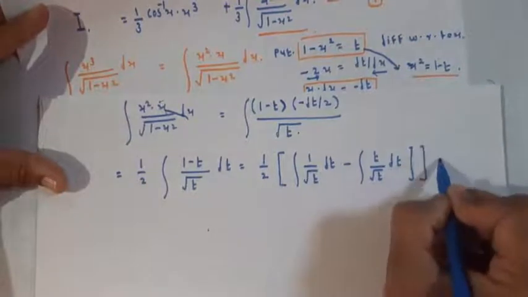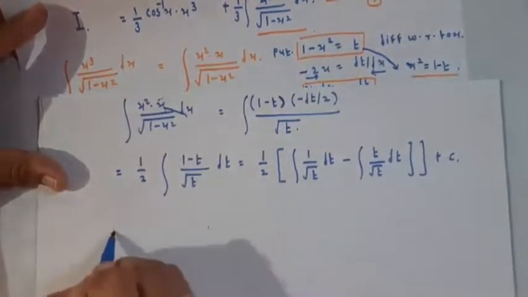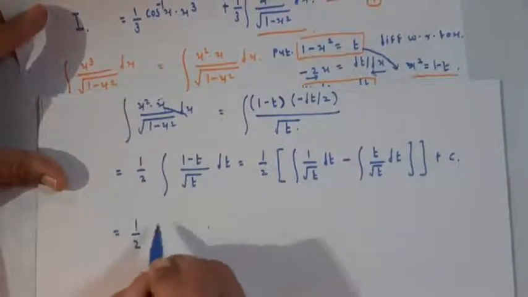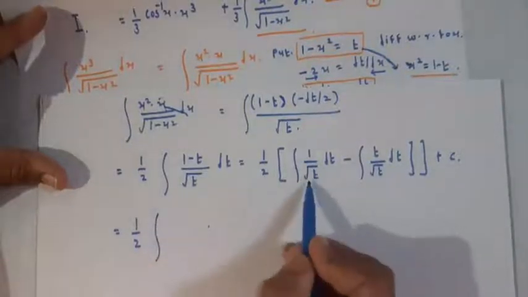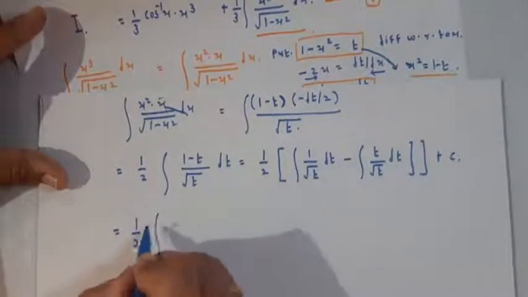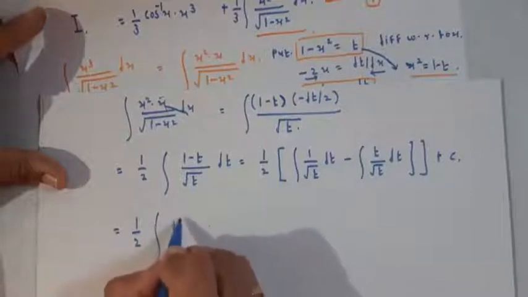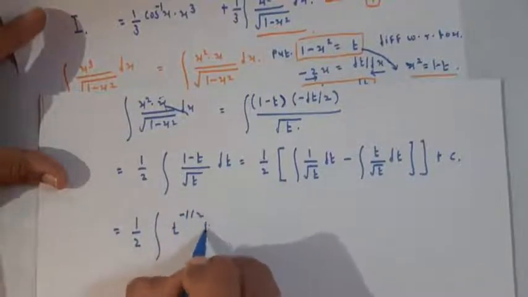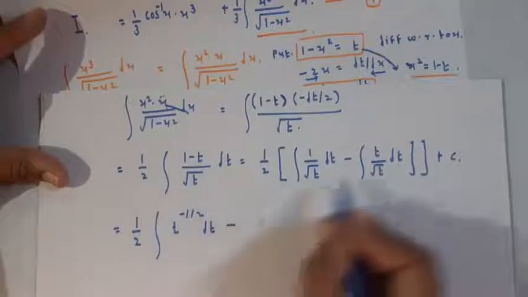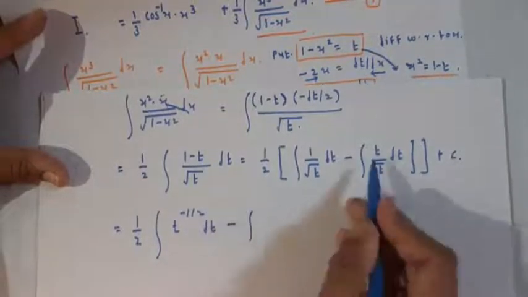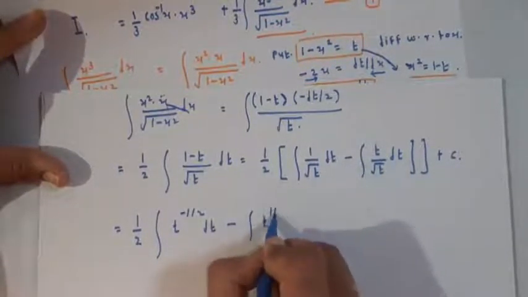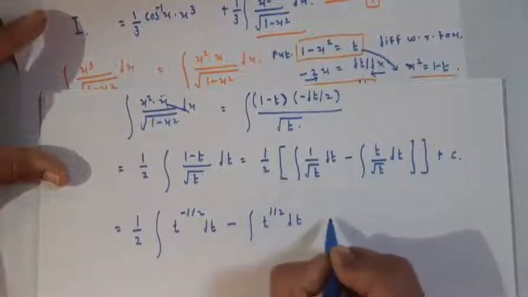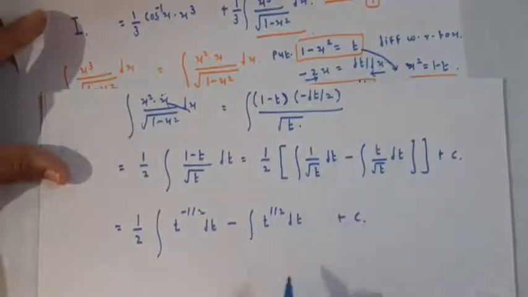whole with respect to t, and now plus constant of integration c. This is 1 by 2, and 1 upon square root of t, the integration is t raised to minus half with respect to t, minus t upon root t is root t, and root t is t raised to half with respect to t, and plus integration constant c.